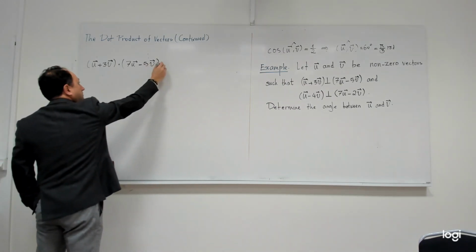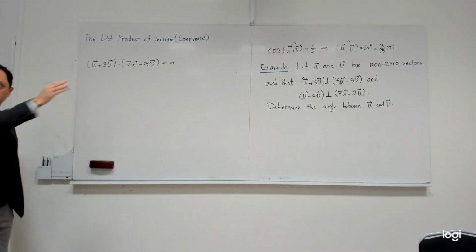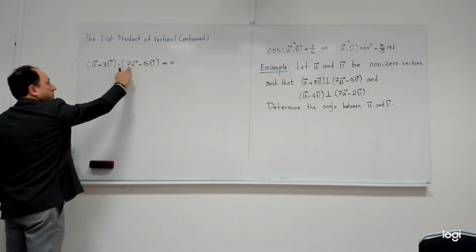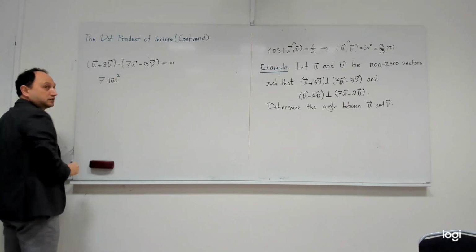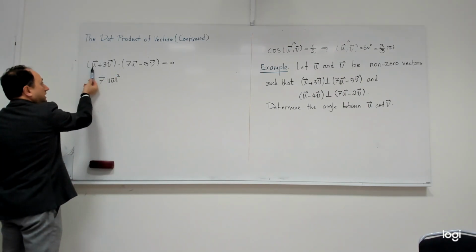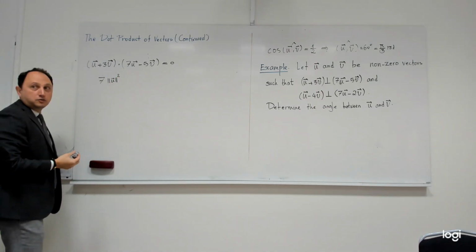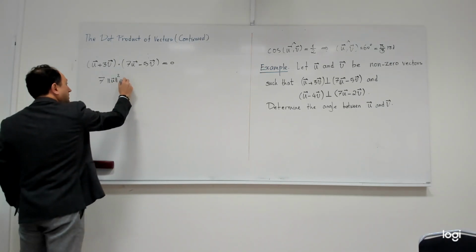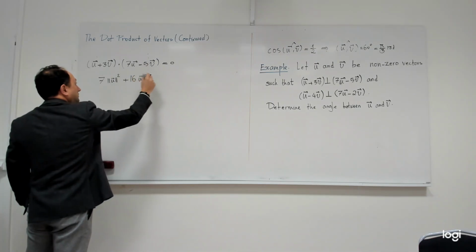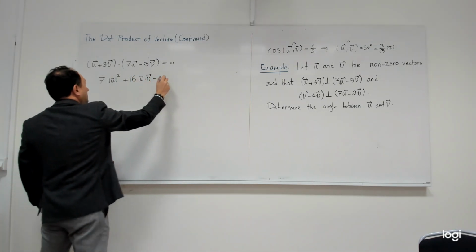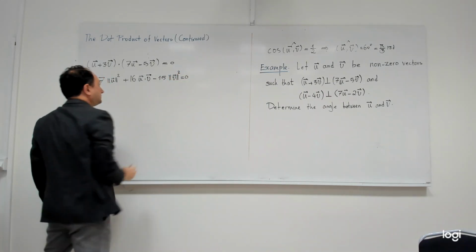If you don't mind, let us not waste the time and do it quickly. So this one times that one is 7 norm of u squared, yes? And then this one we can do in our head. This is minus 5 plus 21, so it becomes 16 u dot v, and then this one is minus 15 norm of v squared. It's equal to 0. This is one relation.